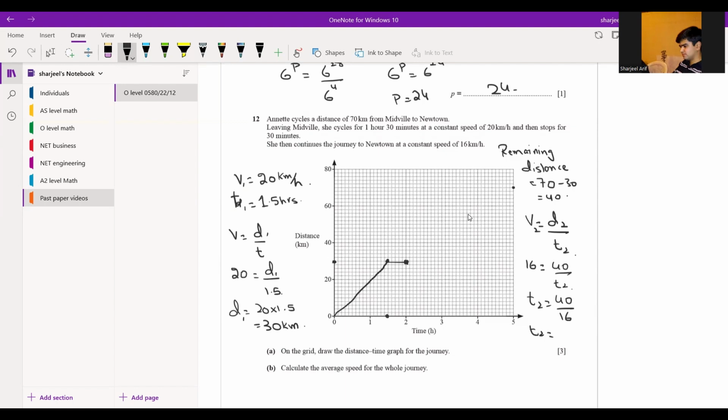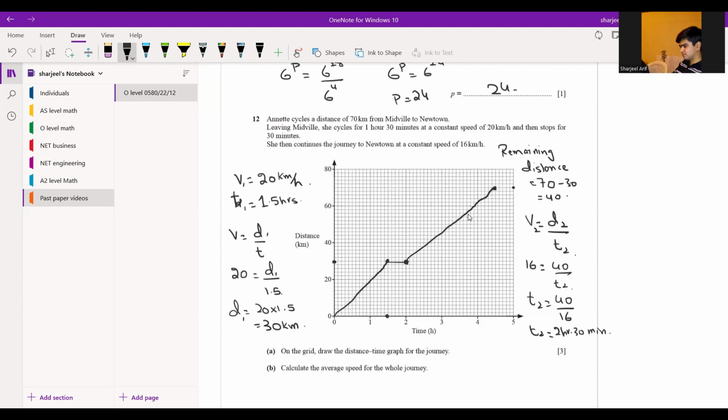So this will become 40 divided by 16, 2.5 hours. So this means 2 hours and 30 minutes. So after 2 hours 30 minutes, it will be 4.5 hours. We will place a point here. So this will be the right graph.